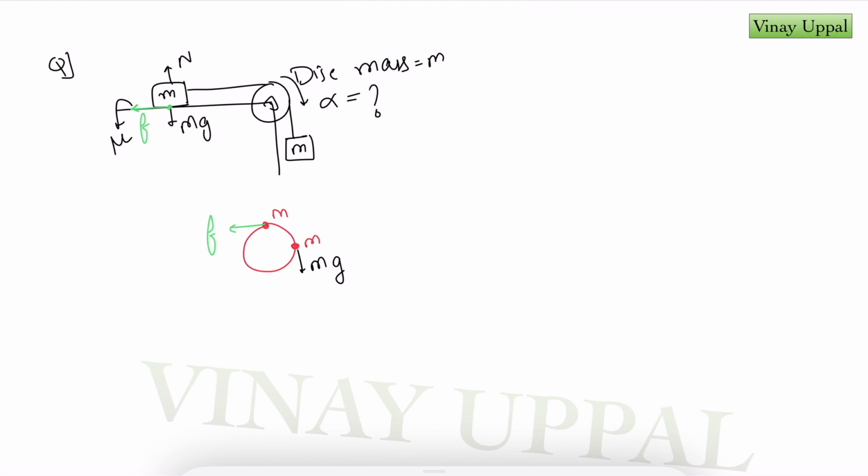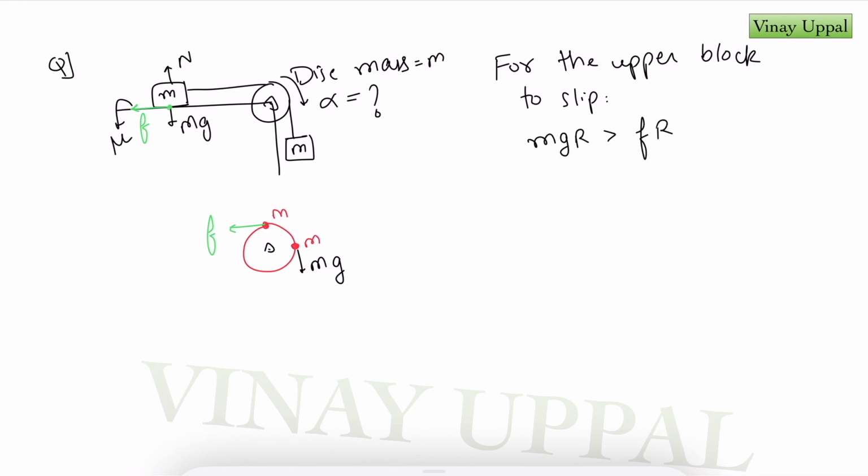So now first thing is, if the torque of gravity is able to overcome the torque of friction, only then is the system going to be in motion. So for the upper block to slip and therefore the system to be in motion, the torque of mgr should be greater than the torque of friction.